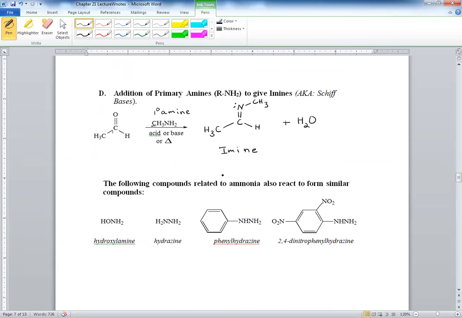Now, the idea is very simple. If you have a primary amine, all you have to do is basically replace this oxygen with the nitrogen. I'm giving you a very quick shortcut: with the nitrogen and whatever is attached to it that's non-hydrogen.